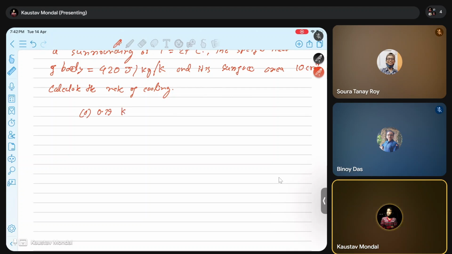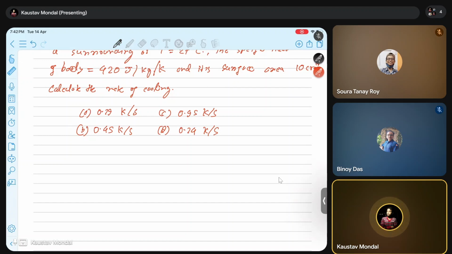The rate of cooling is given in Kelvin per second, that is, how the temperature is changing, which you have to calculate. The options are: A is 0.29 Kelvin per second, B is 0.45 Kelvin per second, option C is 0.95 Kelvin per second, and option D is 0.24 Kelvin per second.